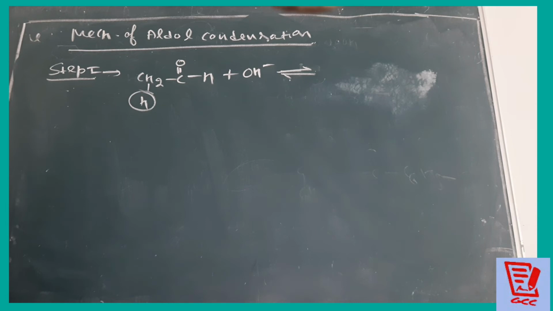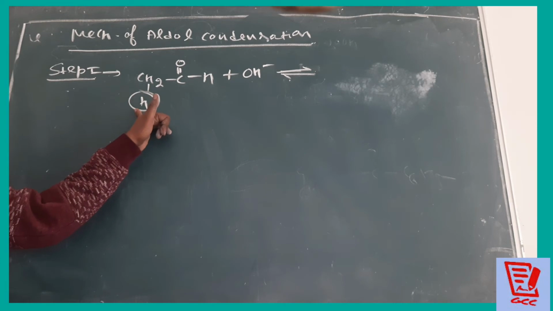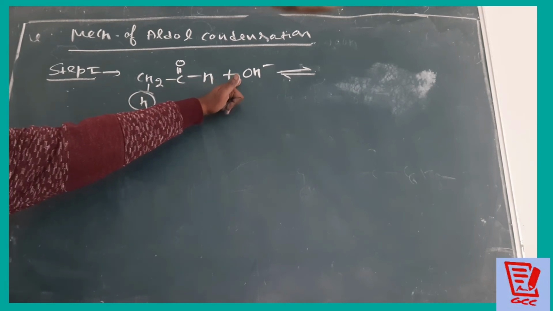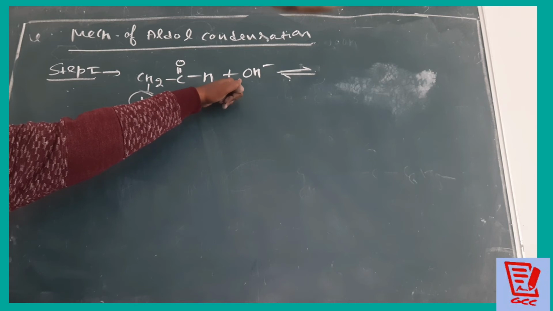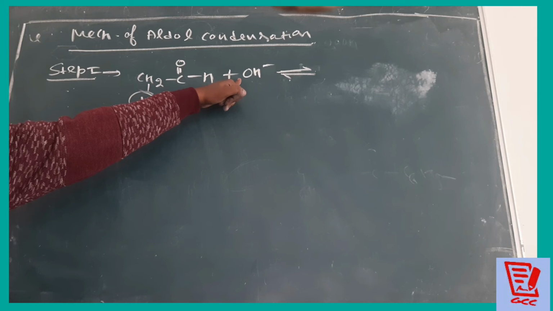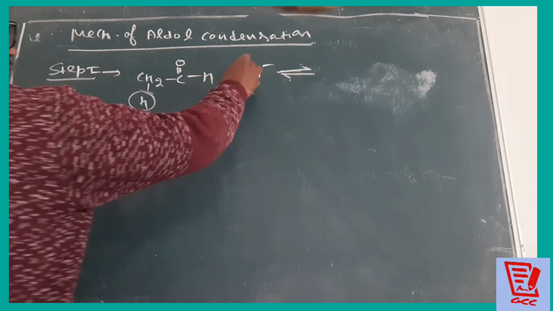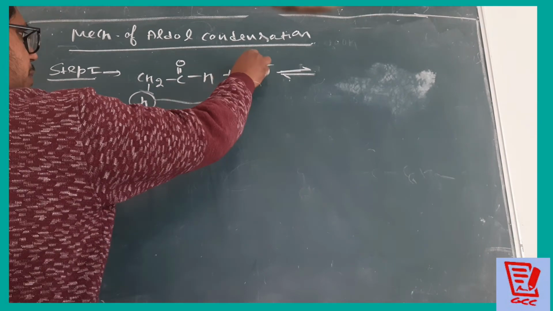This is the alpha hydrogen and this is OH negative. This OH negative is going to attack and combine with this one only.